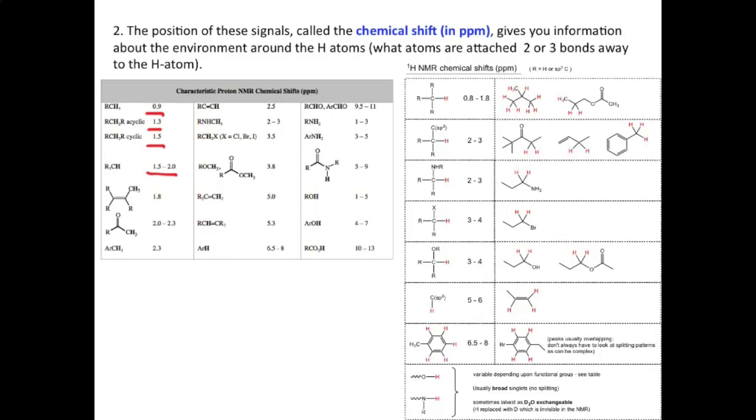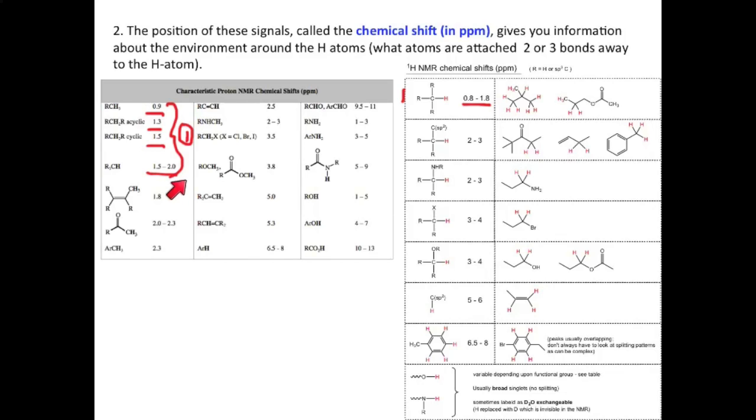I've summarized these as the first set of signals that we need to be aware of. I'm putting a 1 here, and we're going to put that number 1 over here. What that represents is any time you have a hydrogen connected to an sp3 hybridized carbon, which is then connected to other sp3 hybridized carbons or hydrogens, our chemical shift values are going to be 0.8 to 1.8. All right? This is our baseline standard.